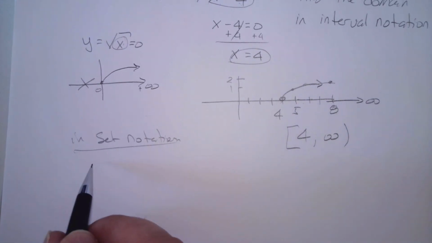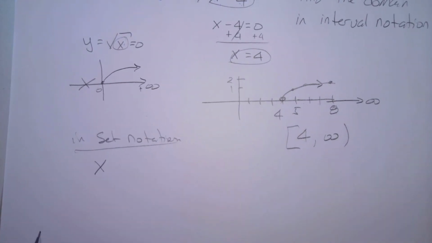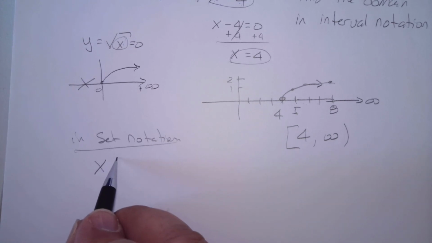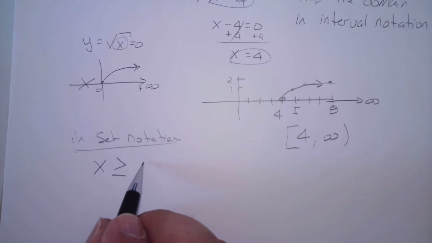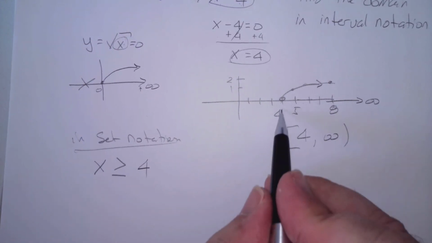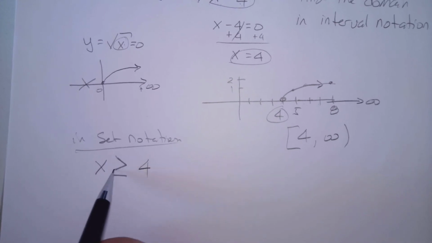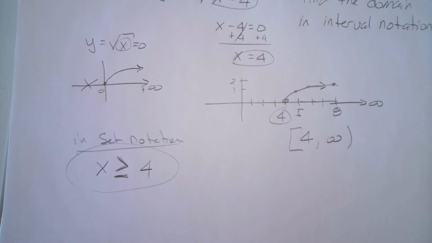So looking at this, x is greater than or equal to 4. You start off with 4. Which way is the graph going? To the right. And it can equal. So there's your set notation.